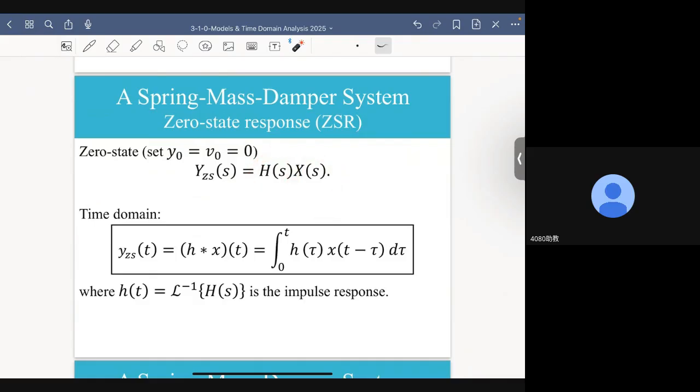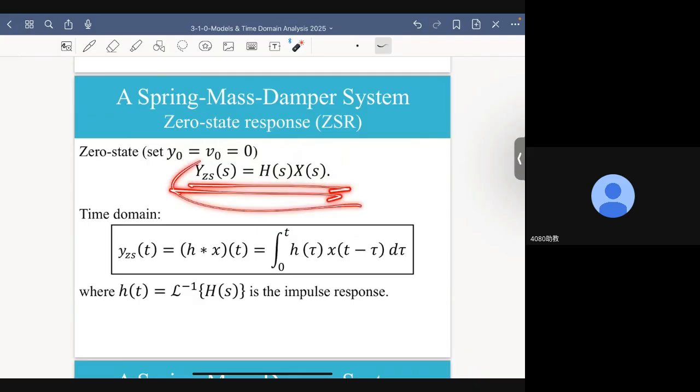As I have said several times, this is a beautiful result, because it uses one simple mathematical operation to connect the relationship between input and output. And that mathematical operation is multiplication, which you learned in elementary school.